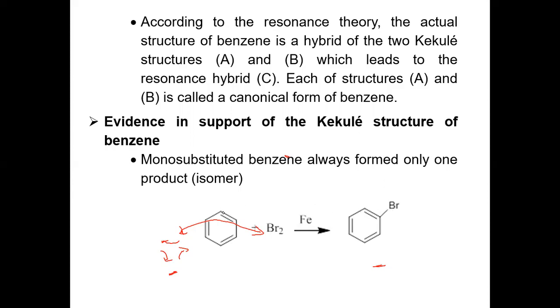But look at this. If the Br comes here, it is bromobenzene. If the Br comes here, it's bromobenzene. If it gets monosubstituted here, it's still bromobenzene. If it gets monosubstituted here, it's still bromobenzene. So everywhere we get a substitution, we are just getting one product, which is bromobenzene.